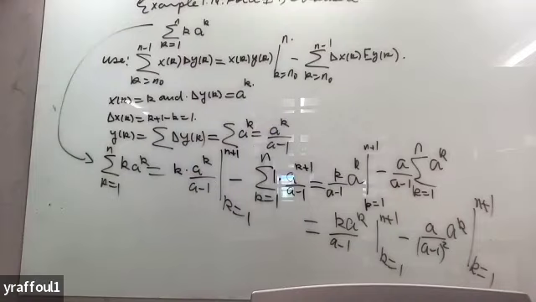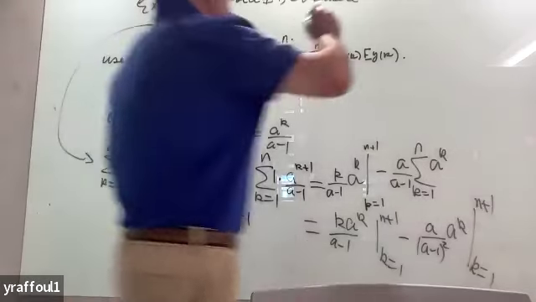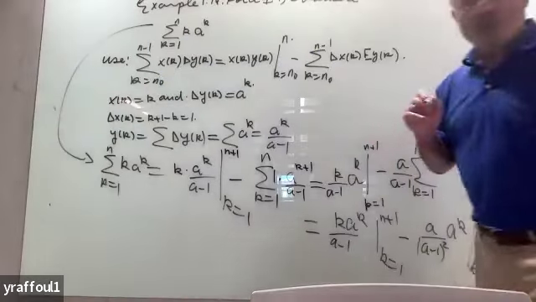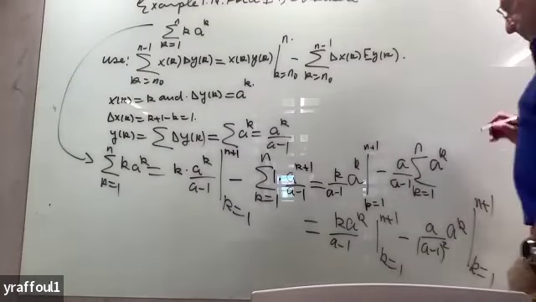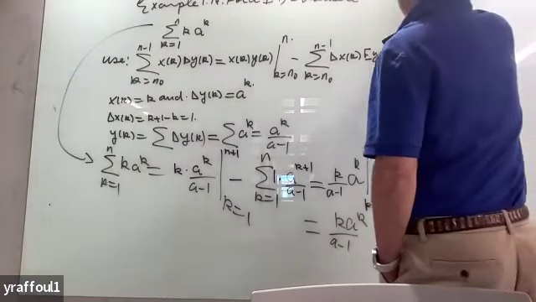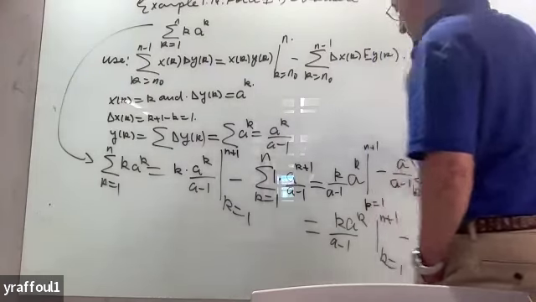So now all we need to do is evaluate at n plus 1. So this is equal to 1 over a minus 1.